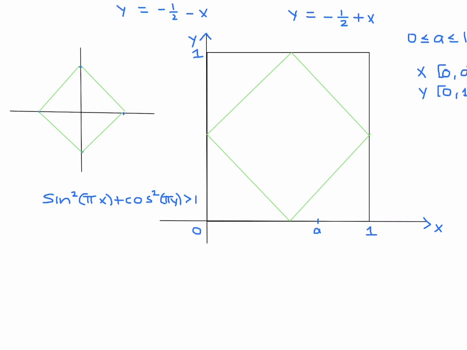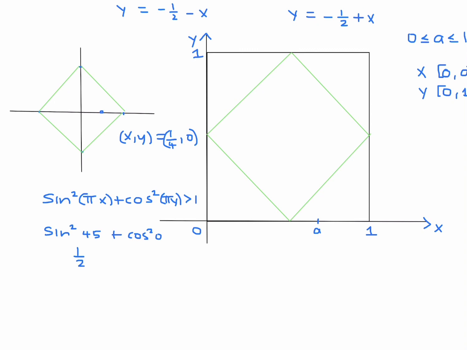So let's just test out some point inside this. I'll just say that x is a quarter and y is 0. And let's see what happens to this equation. When we have x equal to a quarter, it's going to be the sine squared of 180 divided by 4, which is 45, and then y is 0, so cos squared is of 0. Well, sine of 45 is 1 over root 2, so if you square it, you get a half.